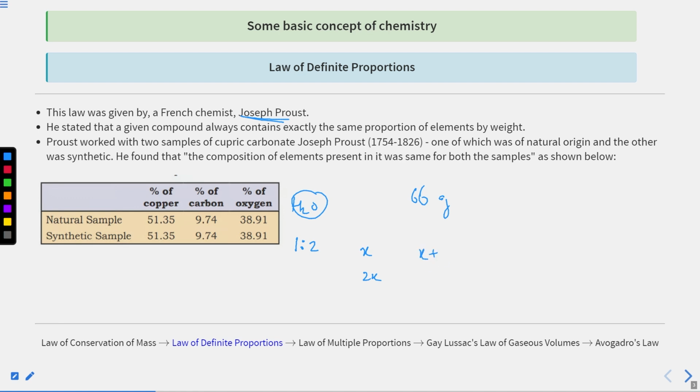So x plus 2x is equal to 66, which gives x equal to 22. So in 66 gram of water, there will be 22 grams of oxygen and 44 gram of hydrogen. So that is fixed, right? This ratio, 1 is to 2, is fixed. Clear?